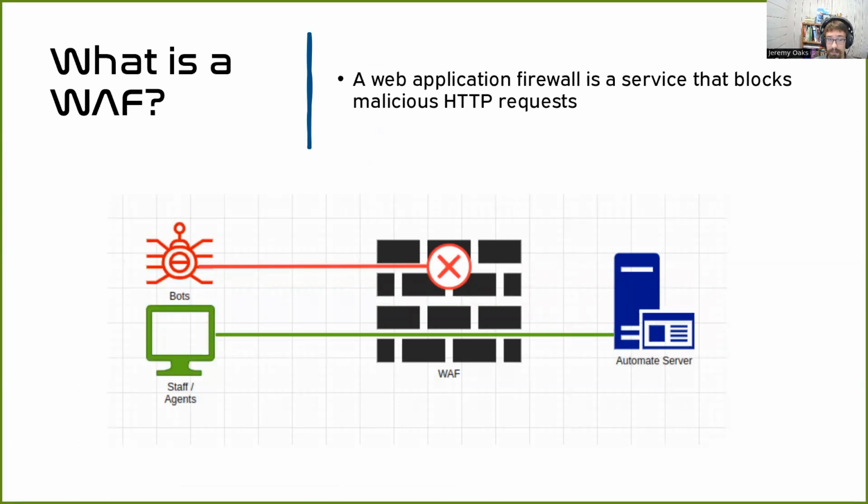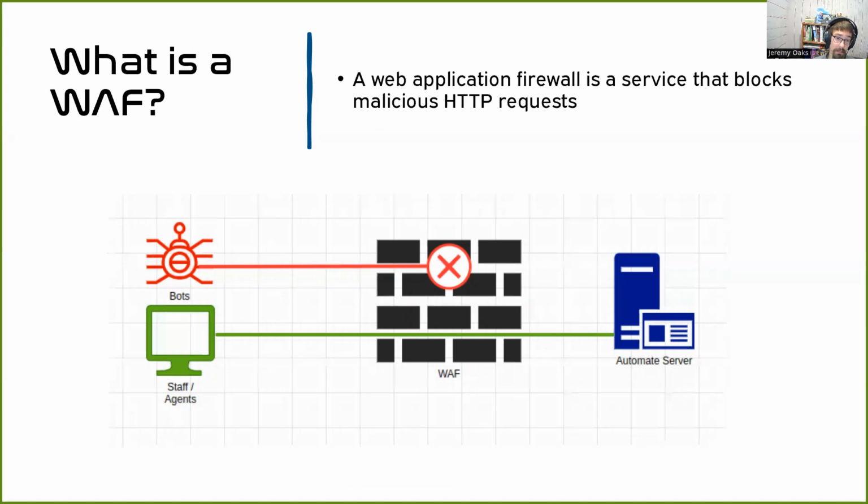In a nutshell, WAFs provide deep inspection of web requests, and they compare them against rule sets for common exploits. A WAF is going to look at all parts of the HTTP request, everything from the headers to the cookies to the payload and everything else in between.